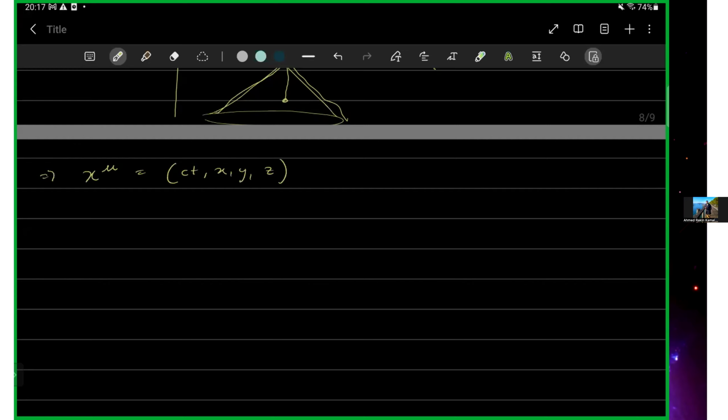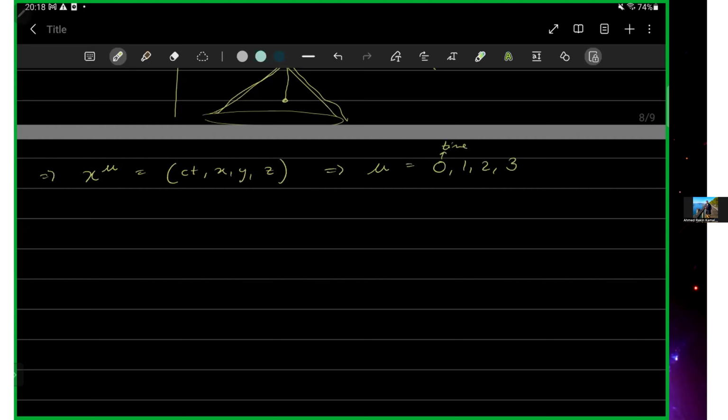Now, notice that I have not used natural units over here, so I have not yet equated c to 1, okay, yet. Now, over here, this mu basically is a Greek index that, like I said, runs from 0, 1, 2, 3, where 0 is for time, and 1, 2, 3 are for the rest of the 3-dimensional space.